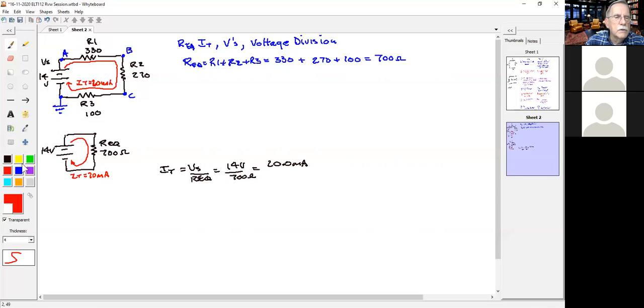So now what I could do is I can solve VAB. Between A and B is R1. So it's going to be IT times R1. So I have 20 milliamps times 330, should be 6.6 volts.